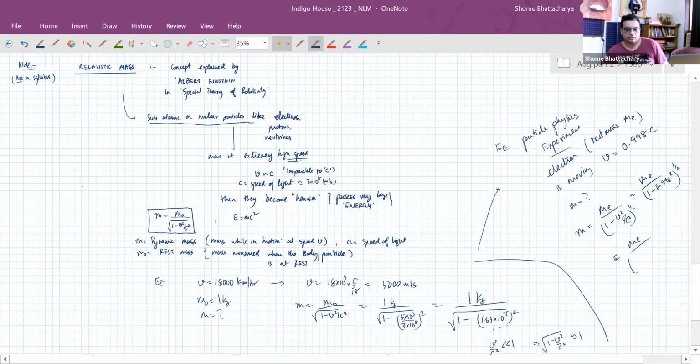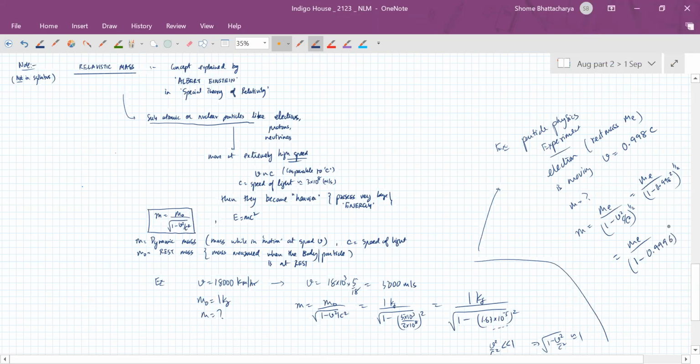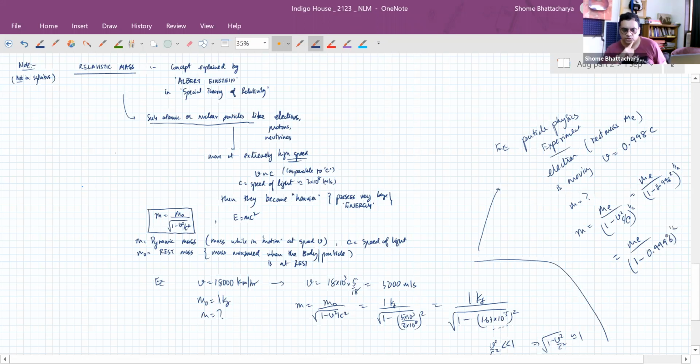Yeah, so this will become 1 minus 0.996004. Suppose I approximate it to the fourth place of decimal, it's like this only, right?